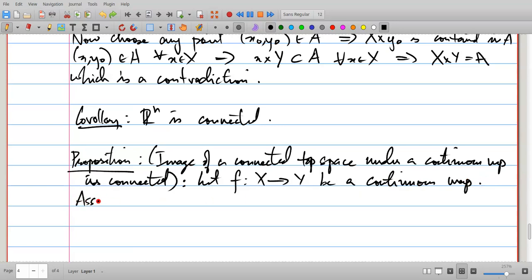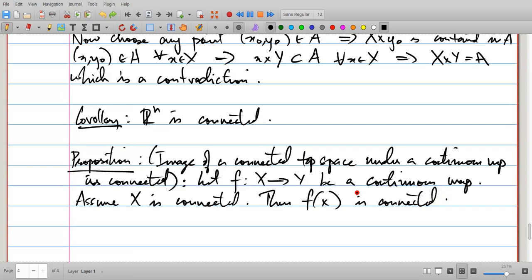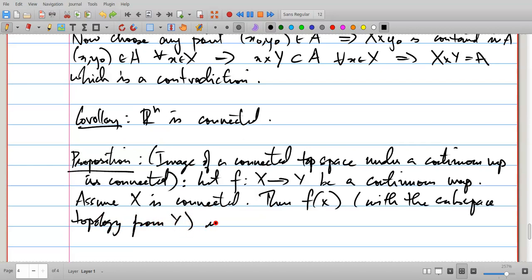So assume X is connected, then f(X) with the subspace topology from Y is connected.